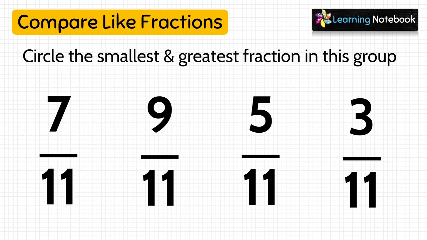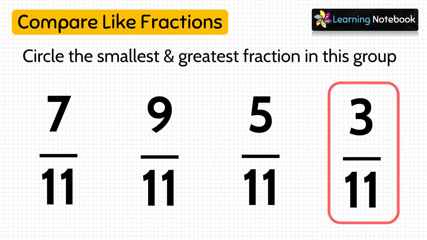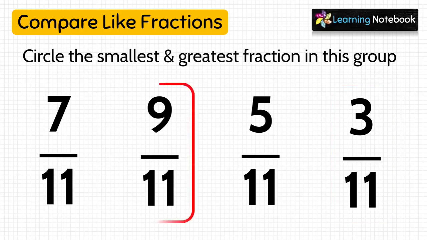The smaller the numerator, the smaller is the fraction. Here, the smallest numerator is 3. So, the smallest fraction will be 3 by 11. In the same way, the greater the numerator, the greater is the fraction. So, the greatest numerator is 9. So, the greatest fraction is 9 by 11.